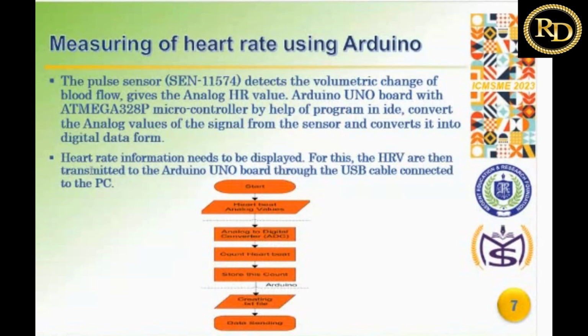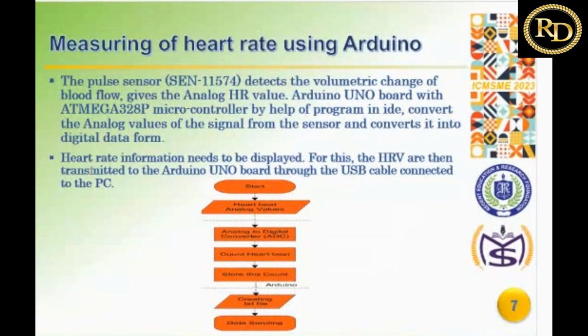This is the measurement of our heart rate using an Arduino, which is basically a microcontroller. The pulse sensor 11574 is used for acquisition of the signal from the person whose heart rate is to be measured. The pulse sensor is attached to our finger from which the values are to be acquired.